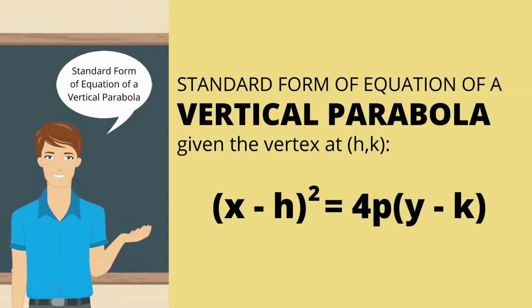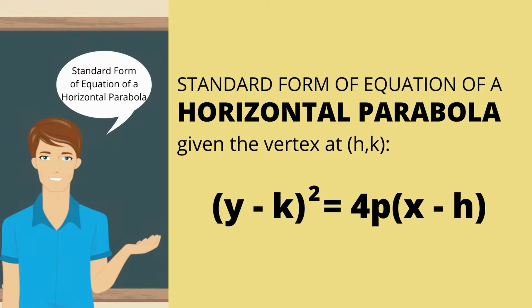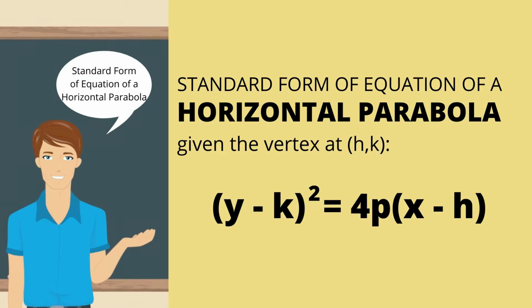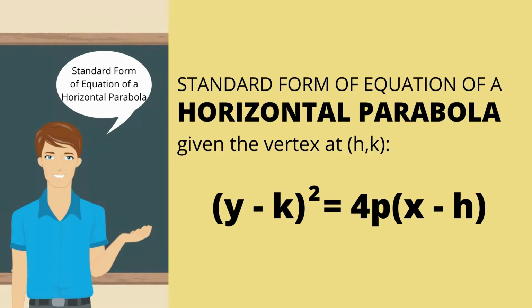This is because the standard form of equation of any vertical parabola is (x minus h) squared equals 4p(y minus k), while for any horizontal parabola, the standard form of equation is (y minus k) squared equals 4p(x minus h).